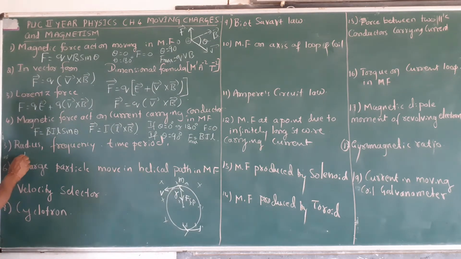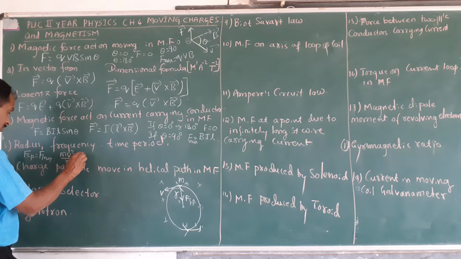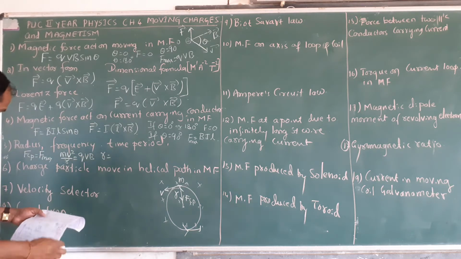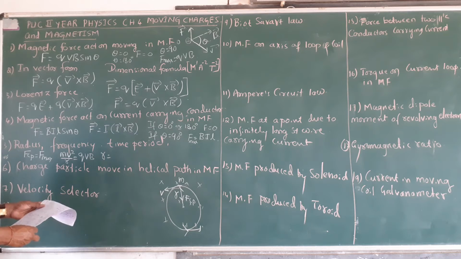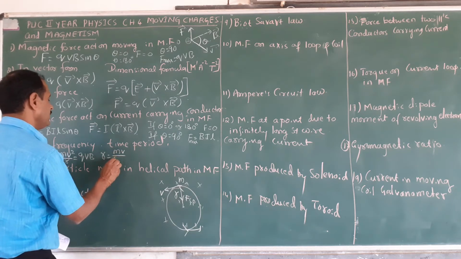At that time, the centripetal force is equal to the magnetic force, that is mv^2/r = qvB. So r = mv/(qB).